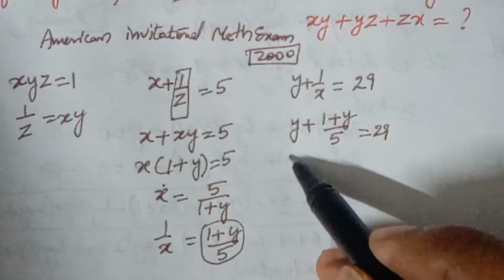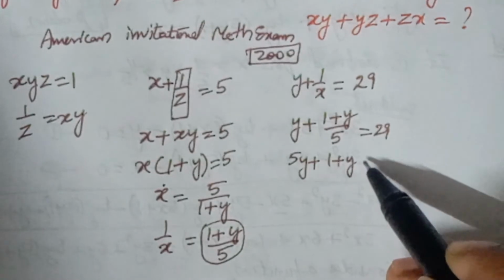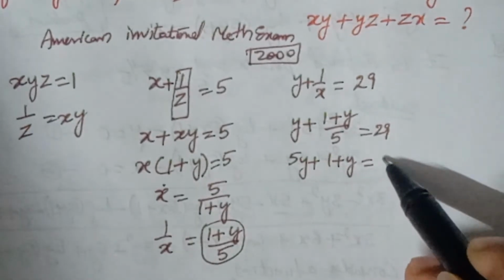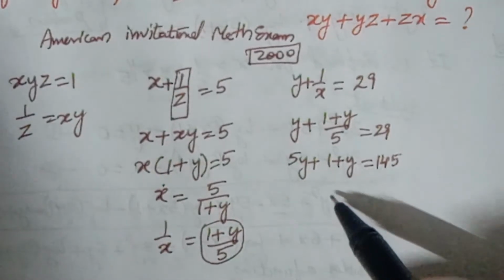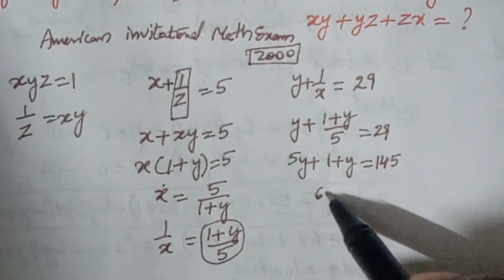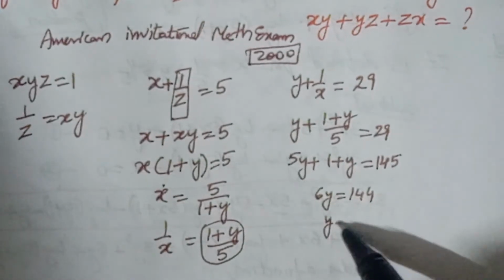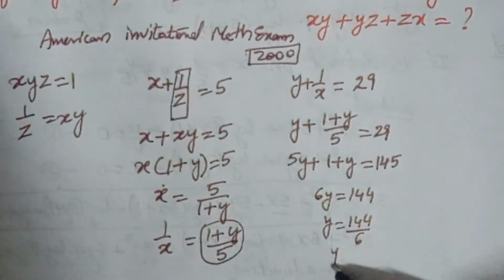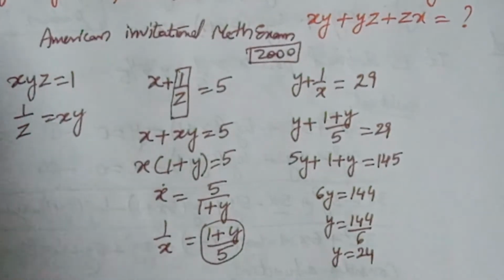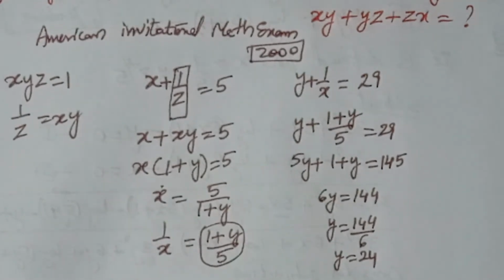Taking the LCM, 5y plus 1 plus y is equal to 29 into 5, which is 145. So 6y is equal to 144, y is equal to 144 by 6, so y is 24.